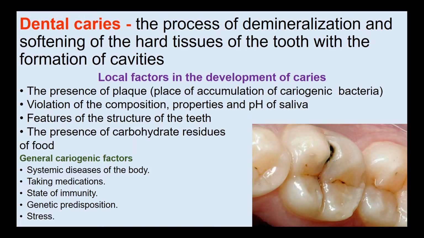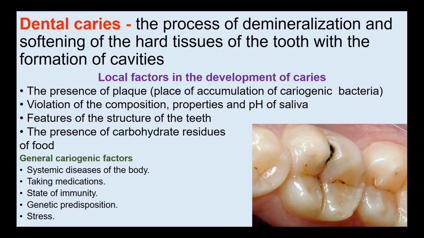The first, presence of plaque, a place of accumulation of cariogenic bacteria; violation of the composition, properties and pH of saliva. In saliva, present factors such as lysozyme, peroxidase, etc., or maybe a lack of these protective factors. Features of the structure of teeth. Presence of carbohydrates in the food.